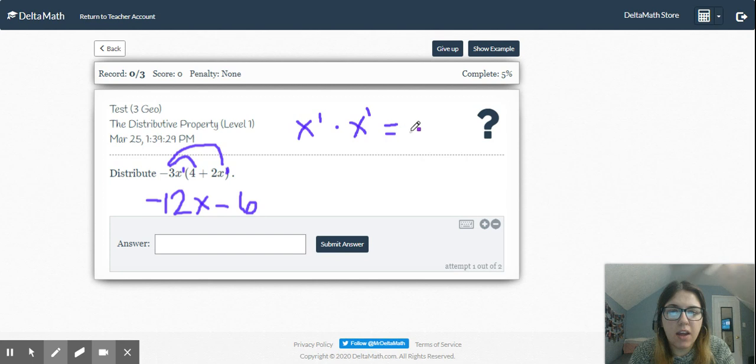So this becomes x to the 1 plus 1, which is x squared, or x to the second power. So negative 3x times 2x is negative 6x squared.